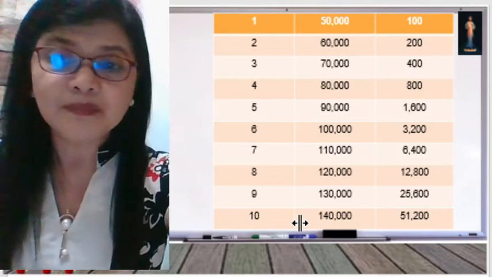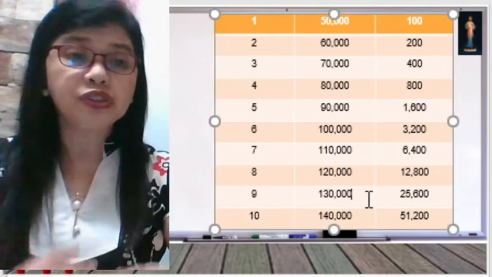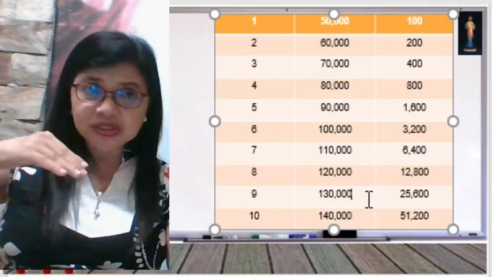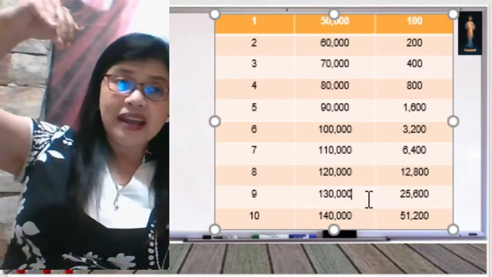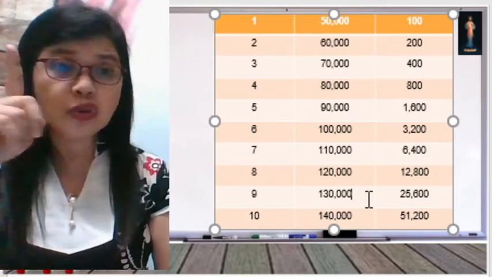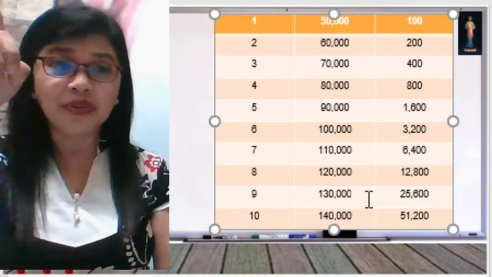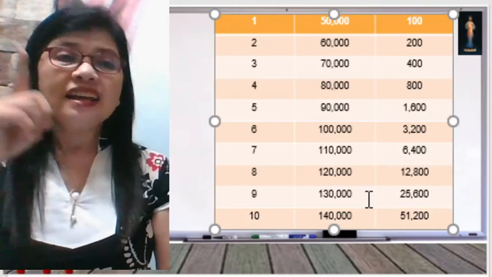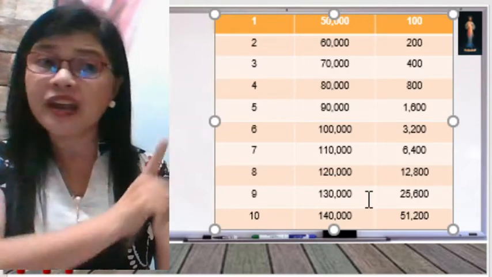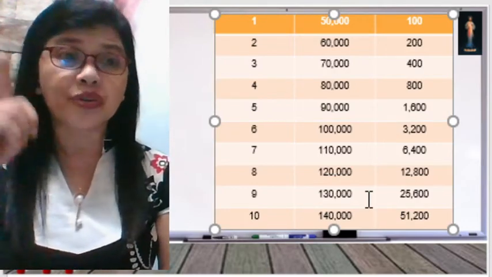Why is that so? It shows us that option B grows slowly and slowly until it reaches its peak. But when it has reached its peak, in Tagalog, we call it bumubulusok yung kanyang pagtaas. Or explosive. In English, we call it explosive or exponential growth.